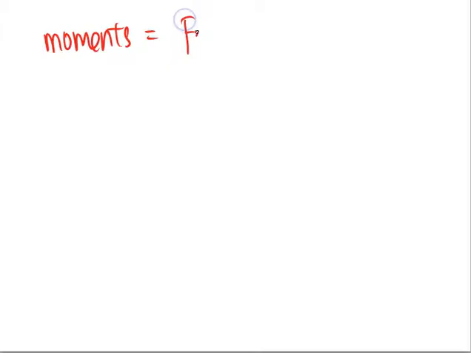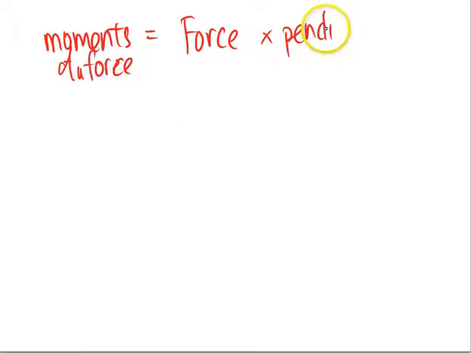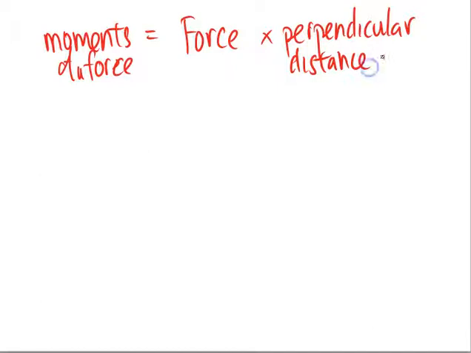The moment of a force is equal to the force multiplied by the perpendicular distance from the pivot to the line of action of the force. Never mind, just take it as perpendicular distance. So the moment of a force equals force times perpendicular distance.